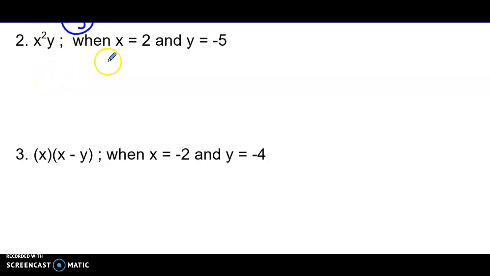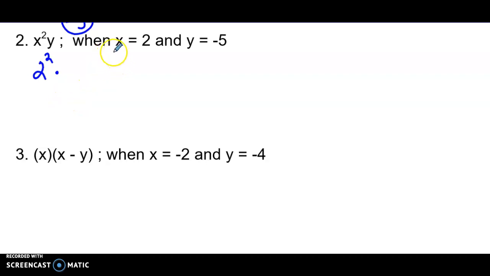So it's x squared times y when x equals 2 and y equals negative 5. So we're going to substitute these values in for each variable. So x squared, instead of an x, I'm going to write the number 2 squared. And since I'm multiplying, I'm going to put the multiplication sign. You can use a dot, you can use parentheses, just don't use x.